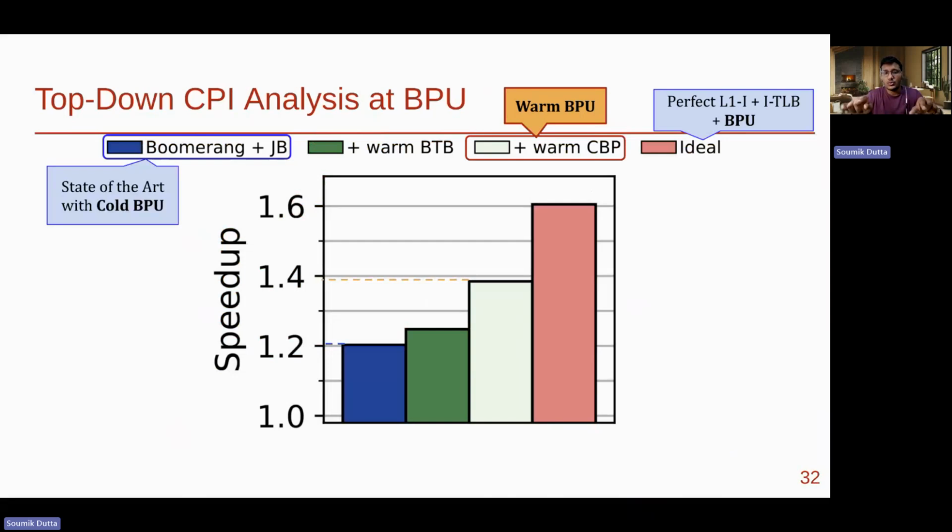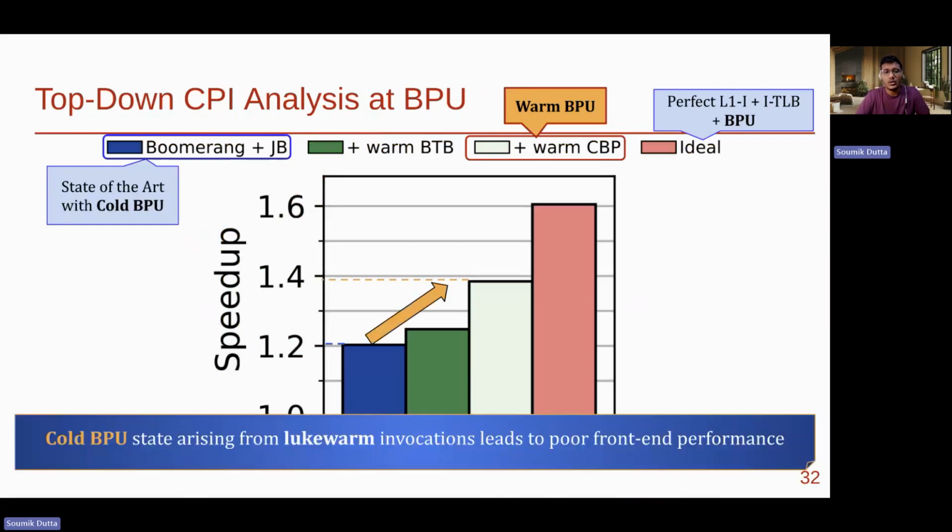These two together, BTB and CBP, create the branch predictor unit. And they have compared with the perfect, that is the ideal case. So here we can see that with a warm BPU, branch predictor unit, we are getting more speedup than the state-of-the-art prefetcher.